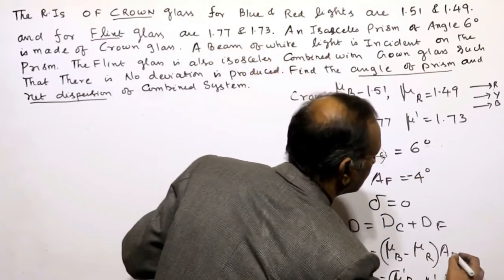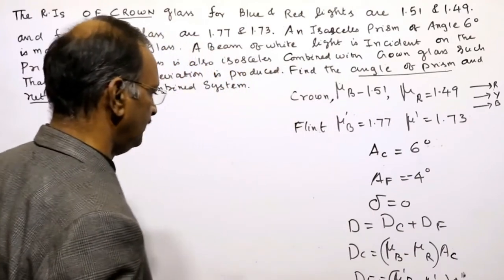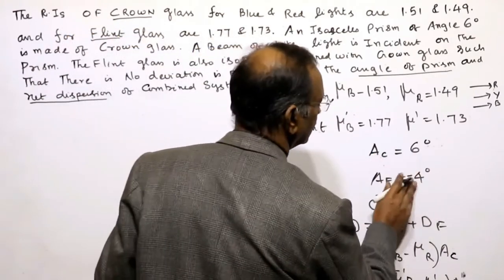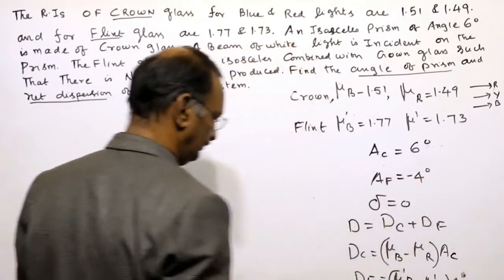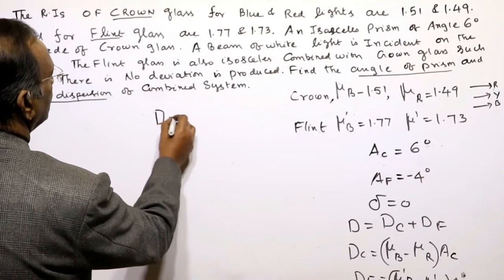A for crown and A dash for flint glass. As given, and as we have found, the angle of flint is equal to minus 4. So we can find out the combined dispersion.